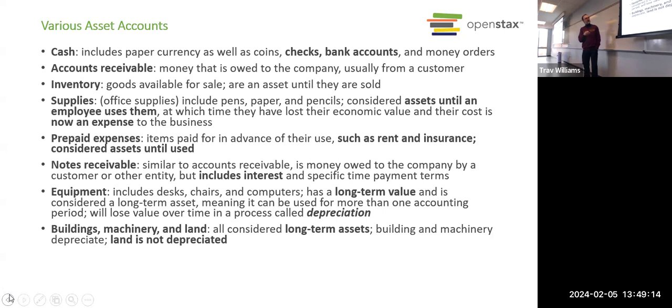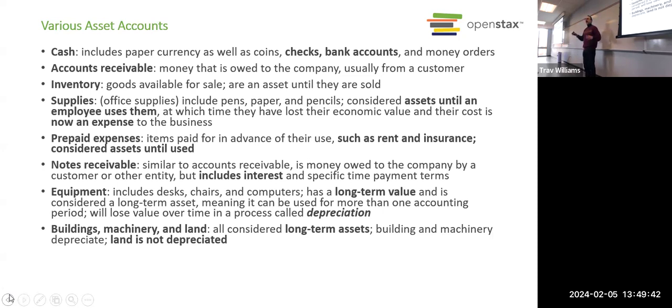Supplies, I think you know what supplies are. However, remember when I told you that we don't count the cost of a product as an expense until it's been sold, right? Something similar applies with supplies. Supplies are not considered an expense until we have used them.